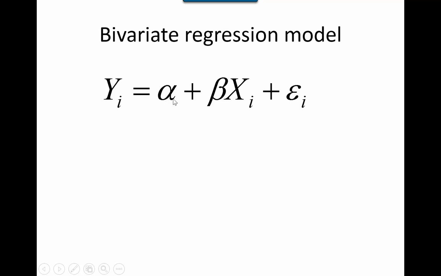What is the value of the mean of y_i when x_i is 0, and then beta here is going to be the rate of increase in the mean value of y_i for each unit change in x. So we've got two variables, y and x, and then we have epsilon, which is our error term, and that describes the scatter around our mean line.